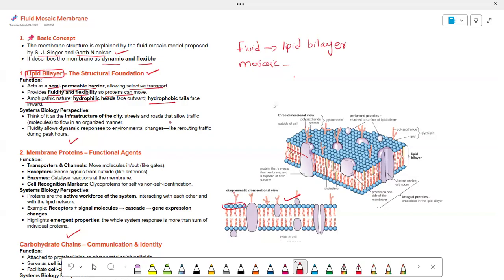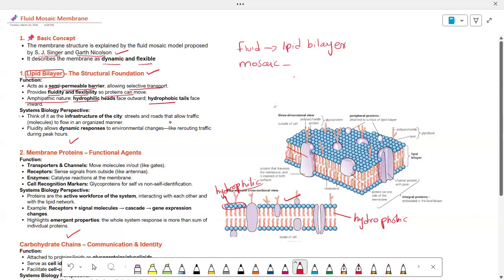They can face water. Hydrophilic. And these tails are hydrophobic because they cannot face water. They are water hating components. That's why it's called amphipathic nature.